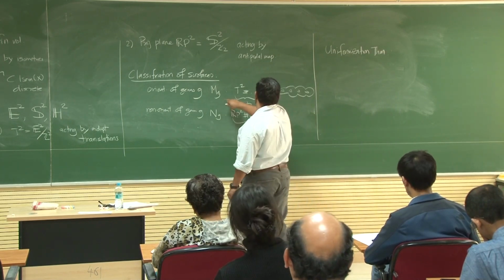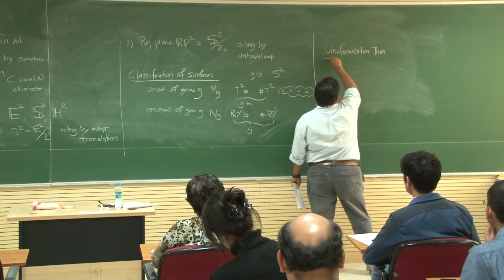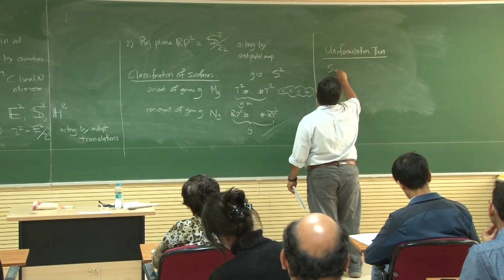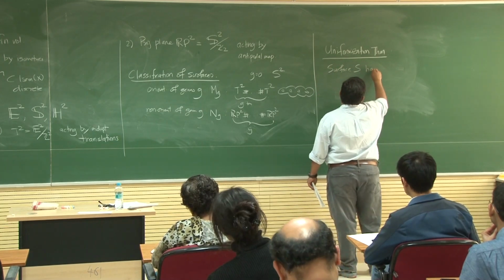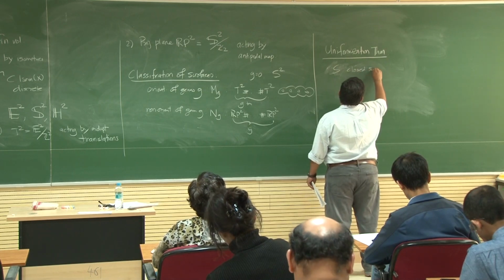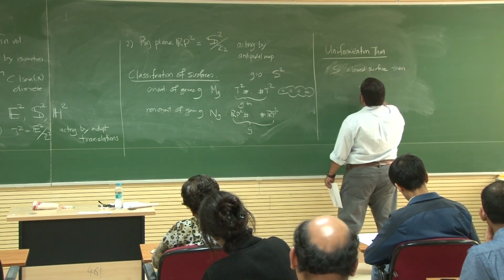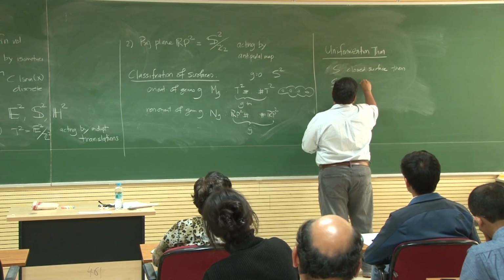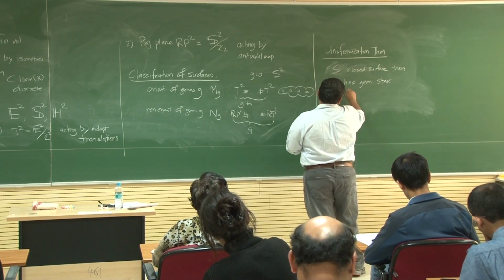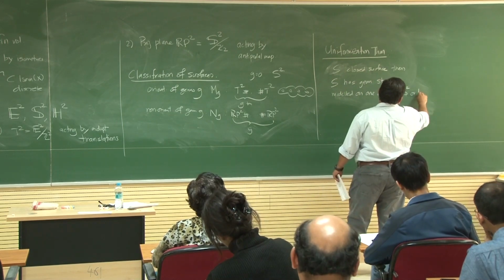The uniformization theorem says that if S is a closed surface, then S has a geometric structure modeled on one of E2, S2 or H2.